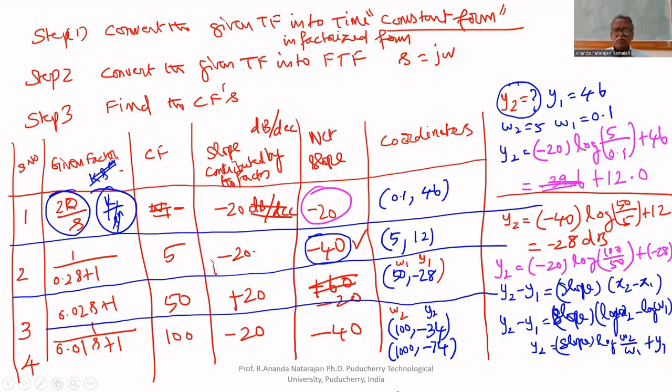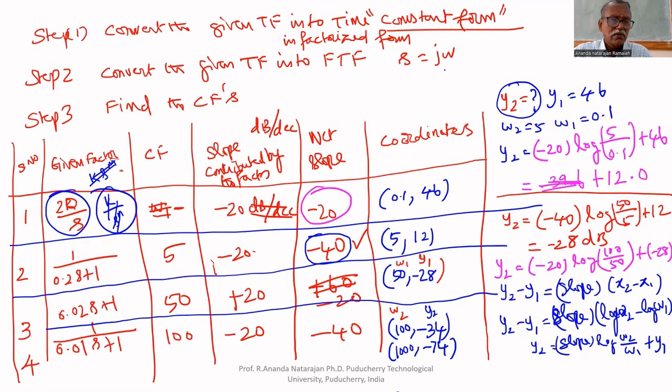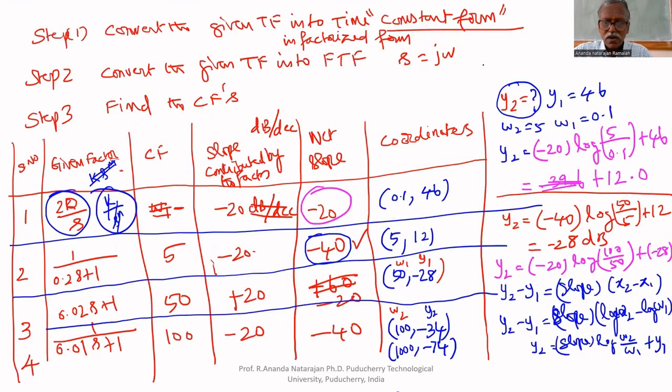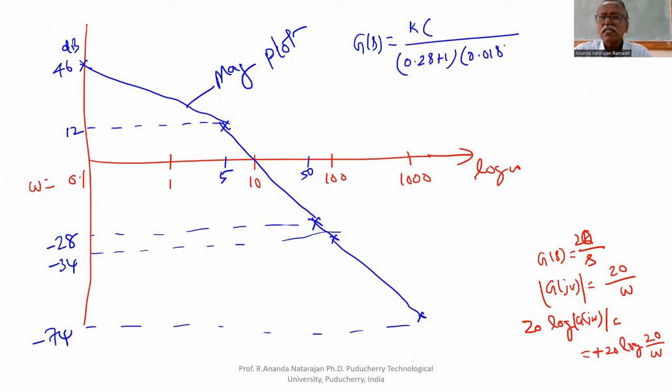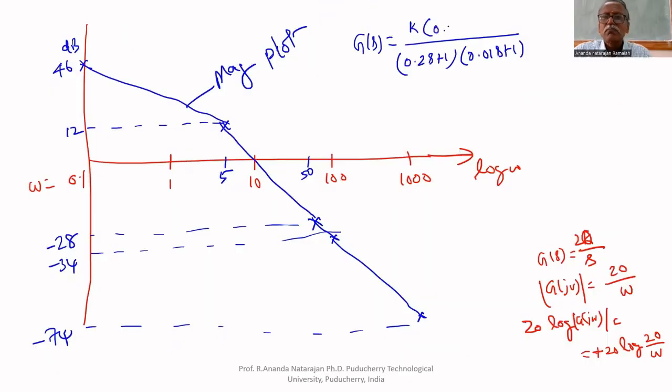The magnitude plot is over. What is the phase plot for this? What is the transfer function? G of S equals K times (0.2 S plus 1) divided by S times (0.01 S plus 1) times (0.02 S plus 1).